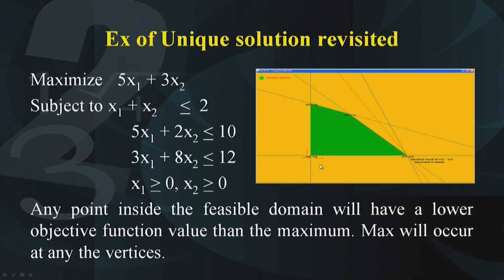In fact, any point inside the feasible domain will have an inferior objective function value, because it is a maximization problem. Therefore, the maximum will occur only at the vertices or on an edge.